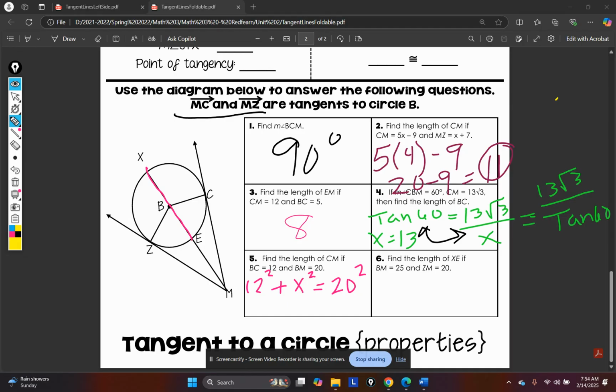Okay, so BM is this whole thing here, and that is supposed to measure 25, and ZM, which is here, is going to measure 20. So think about how you would set that up to solve, and then I want you to solve number 6 independently. All right? Make sure you show me these notes when you are done. All right.